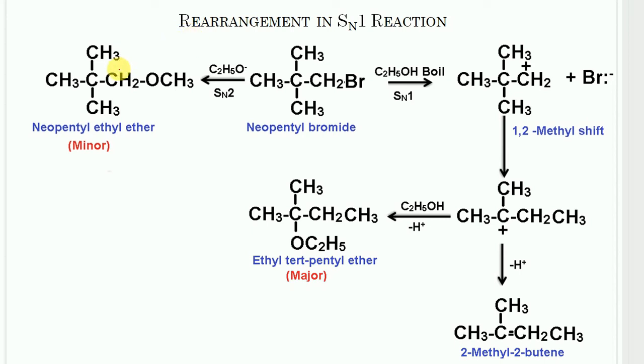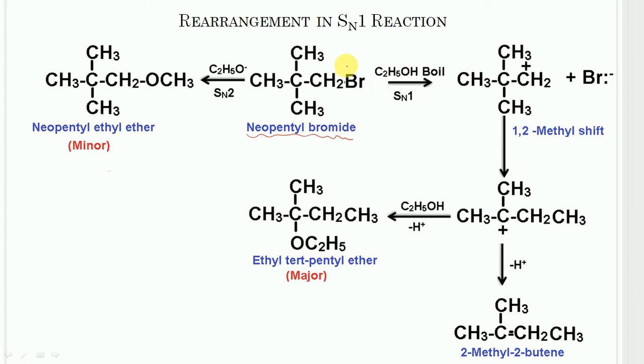As we already discussed, SN1 reaction involves the formation of an intermediate. If this is so, then the initially formed carbocation should undergo rearrangement to form a more stable carbocation. So let us consider the SN1 reaction of neopentyl bromide, a reaction between this alkyl halide and ethanol.